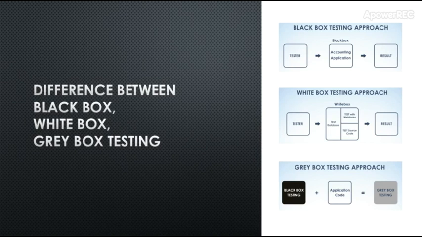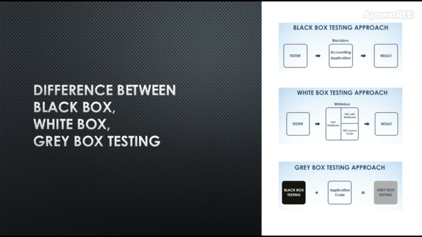Black box testing is a software testing technique in which the tester doesn't know the internal structure, design, and implementation of the software application. The main objective of this testing is to check the functionality of the system under test.